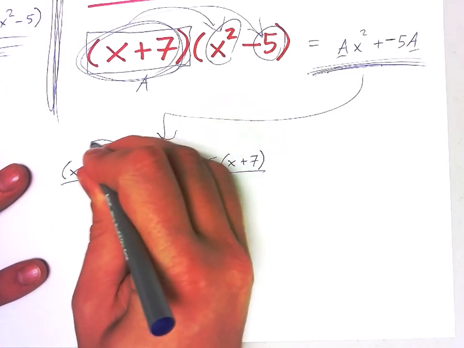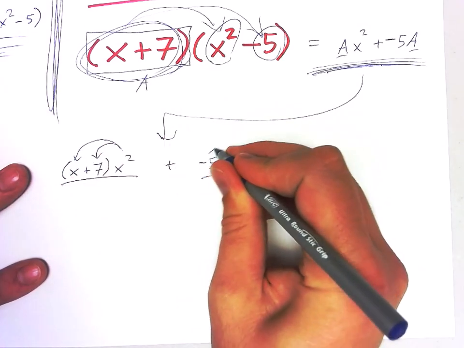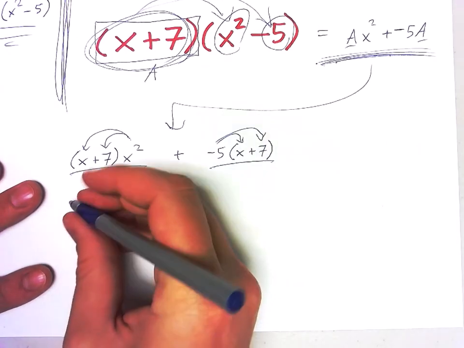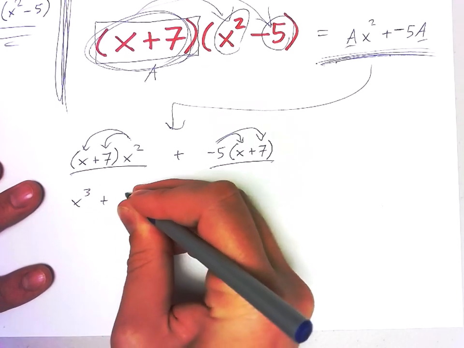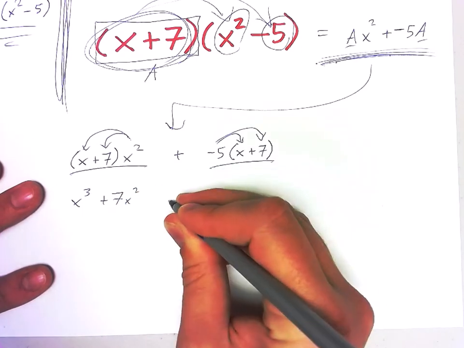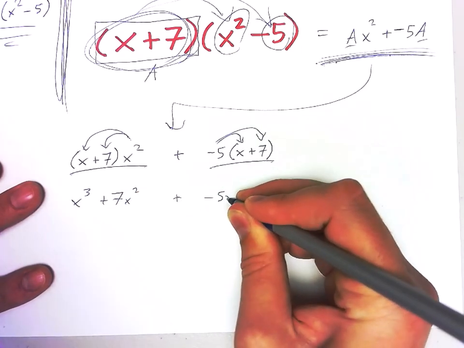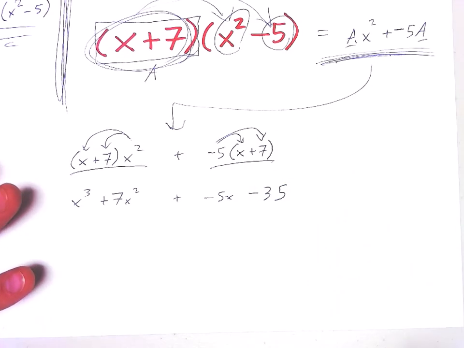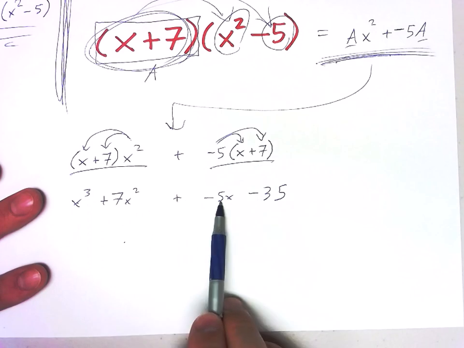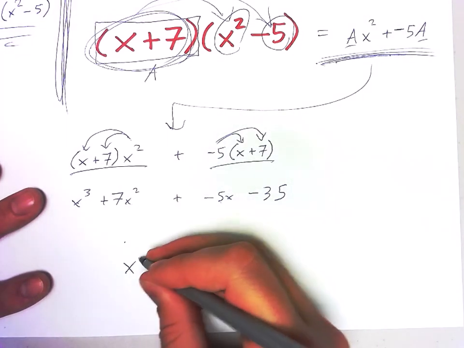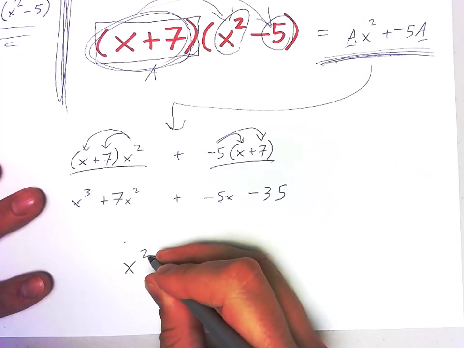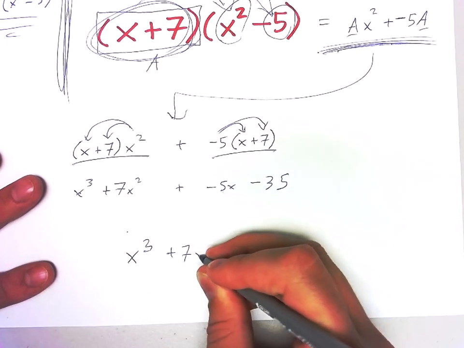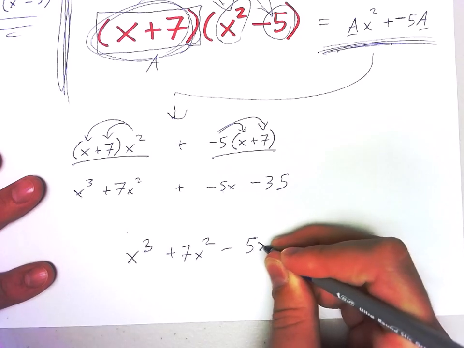So the way I wrote this, it's kind of funny, but basically I have x cubed plus 7x squared plus negative 5x minus 35. And then there are no like terms there, so the final answer would just be x cubed plus 7x squared minus 5x minus 35.